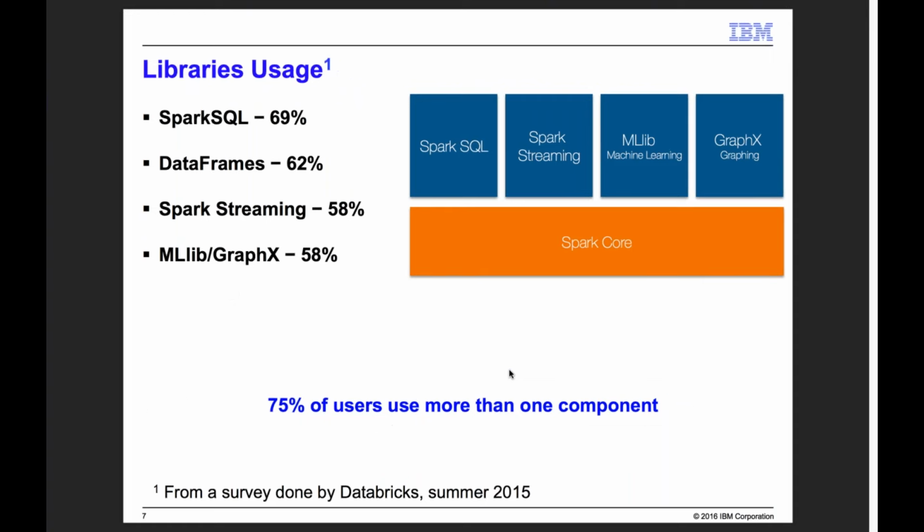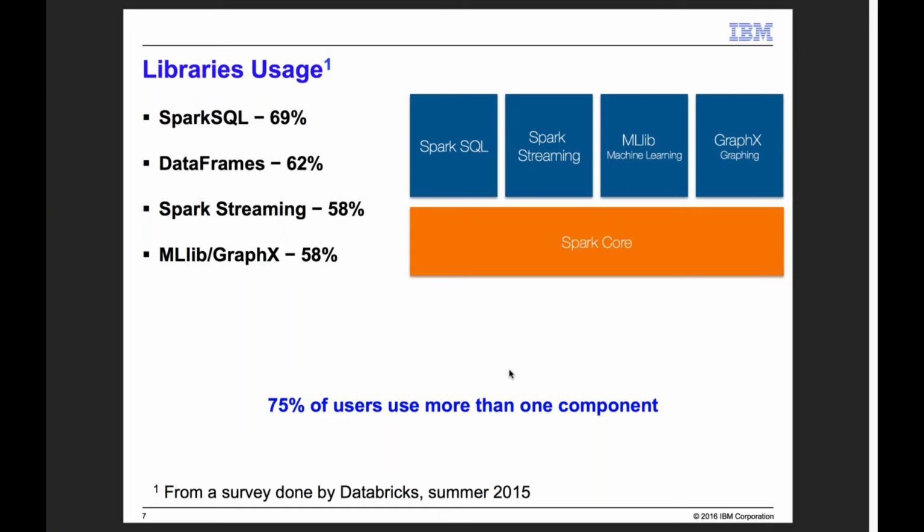And if we look at how the usage is right now, around 69% of the usage is in Spark SQL, 62% DataFrames, Spark Streaming 58%, and Machine Learning and GraphX 58% of the community is using it. But the key metric is that 75% of users are using more than one component.